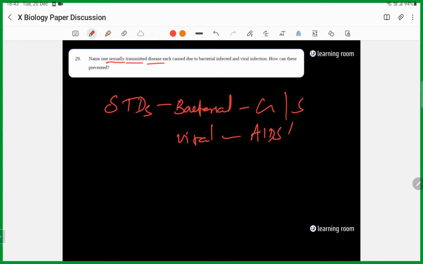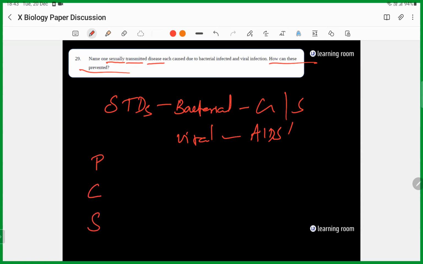Basically, they are sexually transmitted diseases of bacterial and viral origin, and how can they be prevented? Avoid unprotected sex. What are the physical contraceptive devices, chemical and surgical methods?